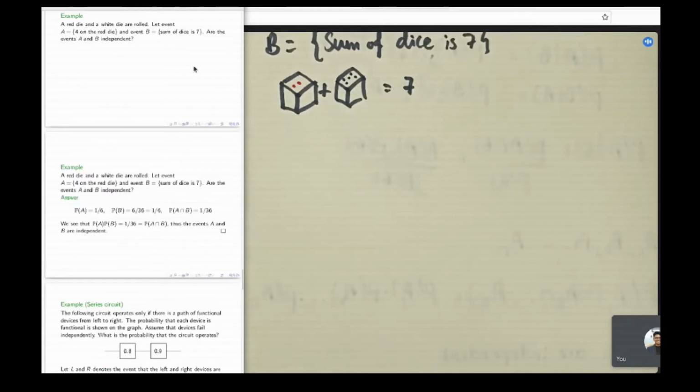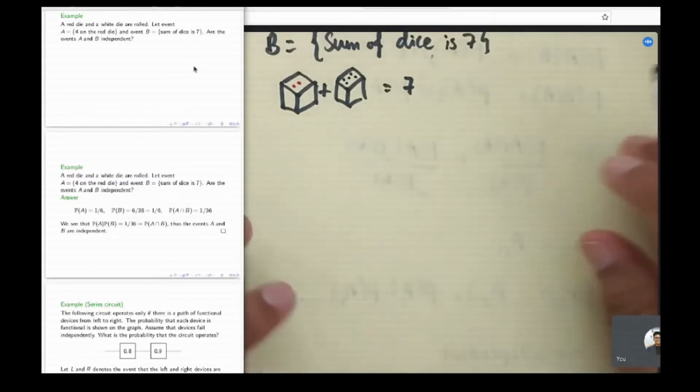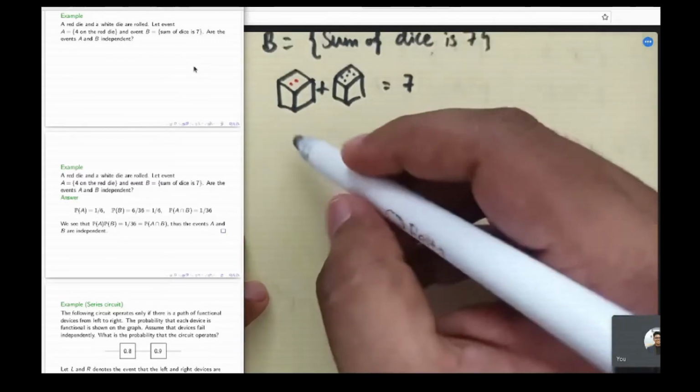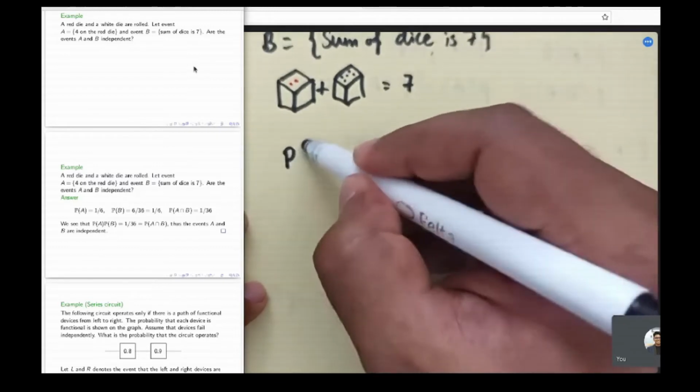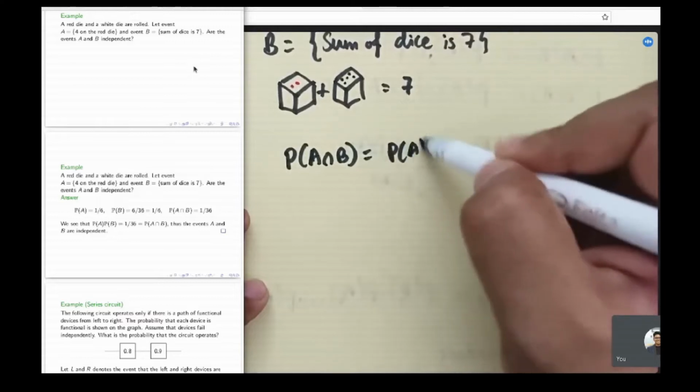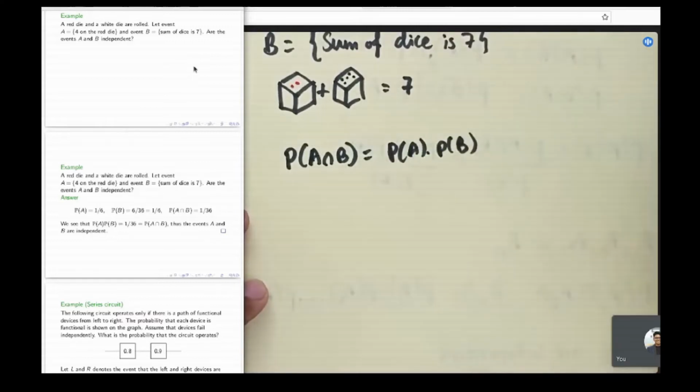You first have to find all the relevant things in the event space. What we need to show is whether P A intersection B is equal to P A dot P B, because if this condition is satisfied, from the conditional probability theorem you know that P B given A is equal to P B, or P A given B is equal to P A.